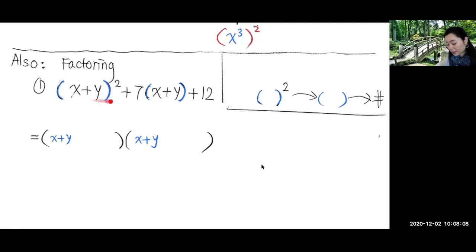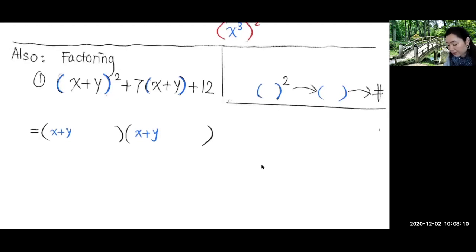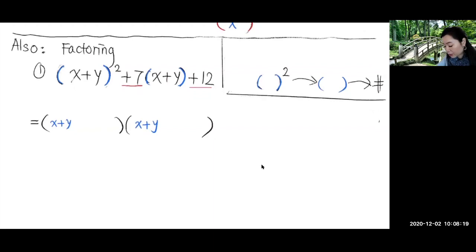Now you just need to think about 2 numbers that multiply to be 12 and sum to 7. Did they say 4 and 3? Yes, 4 and 3. So we have plus 4 and plus 3.